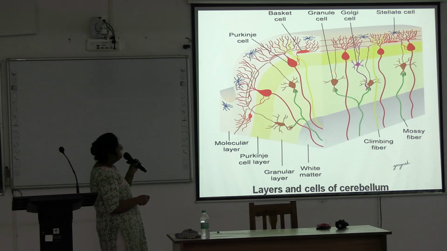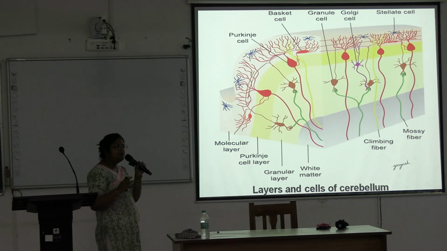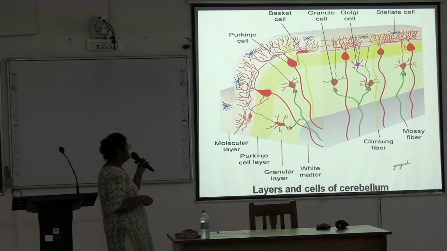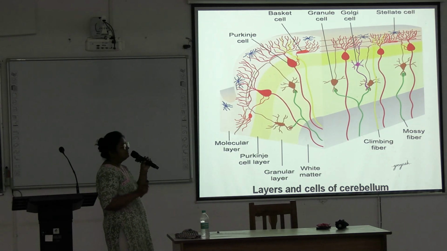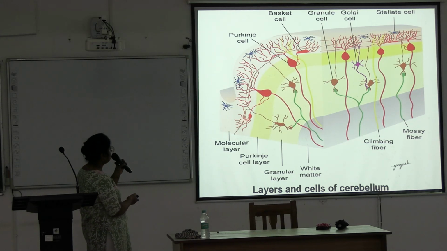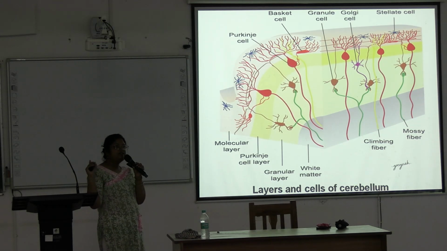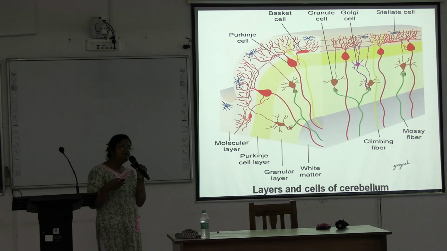All these anastomose together to form a rounded structure called the glomerulus. Glomeruli of the cerebellum lie in this granular layer. The glomerulus is formed by the mossy fiber, dendrites of the granule cells, and the axon of the Golgi cells, all anastomosing together to form the cerebellar glomerulus, like the glomerulus we have seen in the kidney as a capillary network.